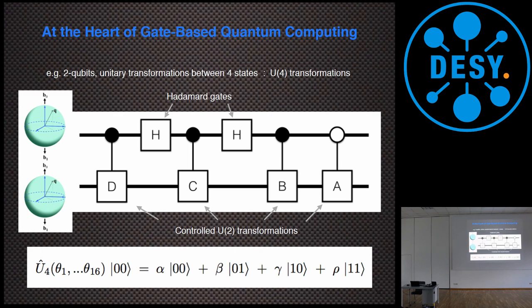If you want to perform a general U4 operation on this 4-dimensional quantum state created by these 2 qubits, then one can perform a controlled SU(2) operation, then a Hadamard gate, a controlled SU(2), a Hadamard, a controlled SU(2), and then an anti-controlled SU(2). And that gives you a complete spanning of the U4 space.